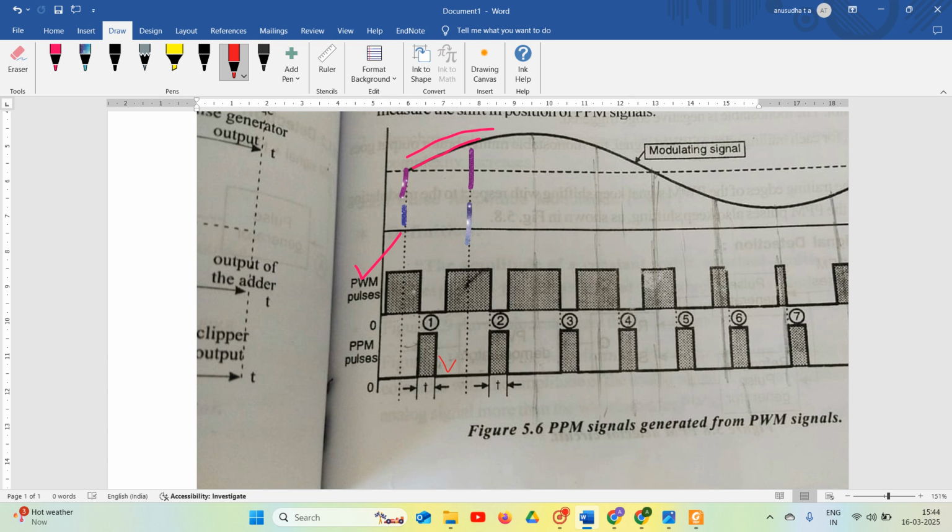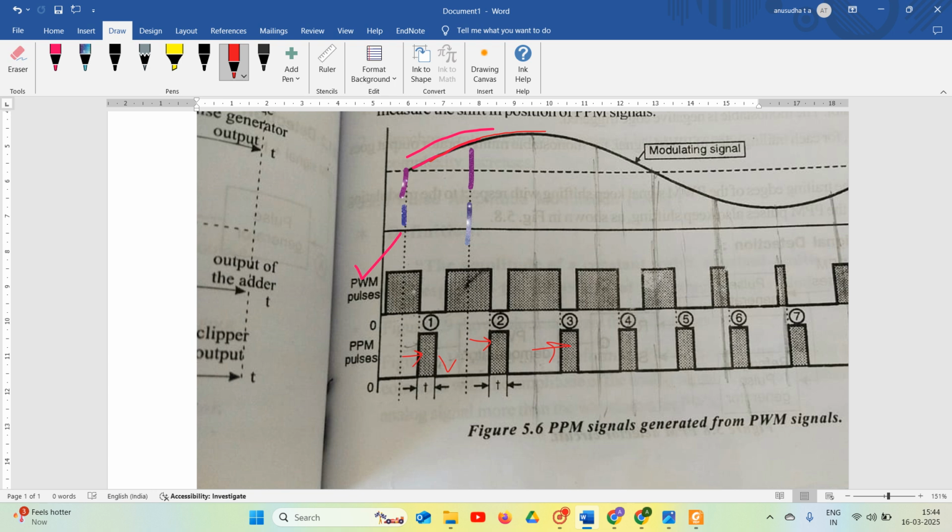So see here, this is my reference line. Here the amplitude of the modulating signal is very low. My PPM signal is shifted away from the reference line. It is not near the reference line, it is away from the reference line. As the amplitude of the modulating signal goes on increasing, my PPM signal moves away from the reference line.